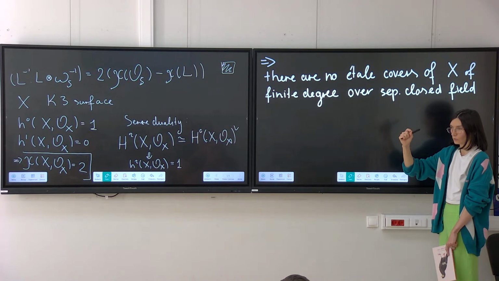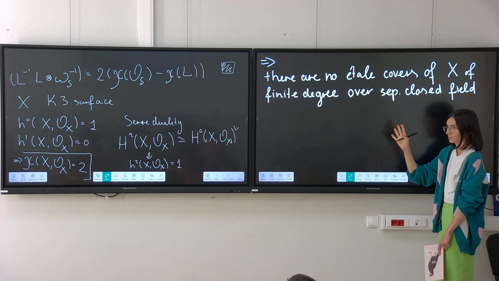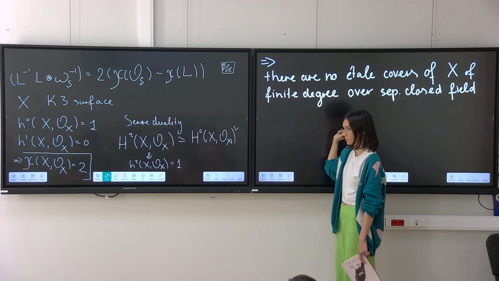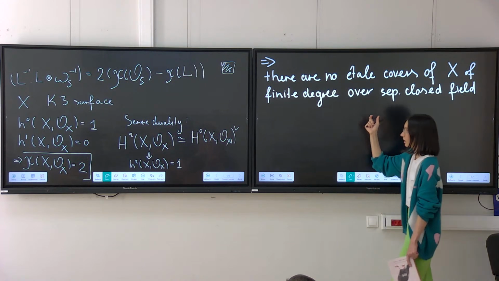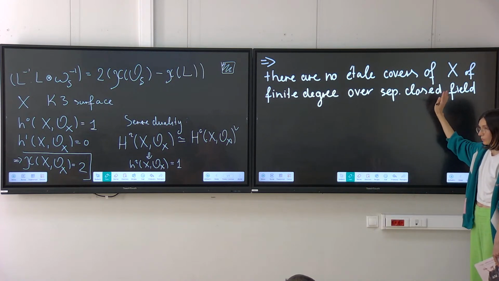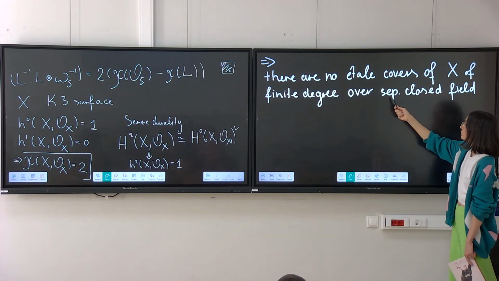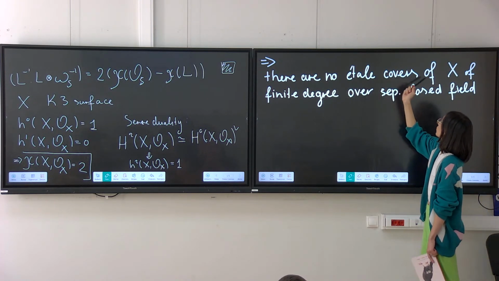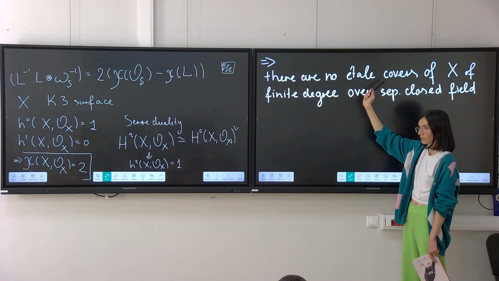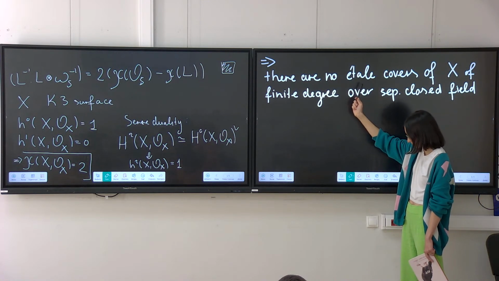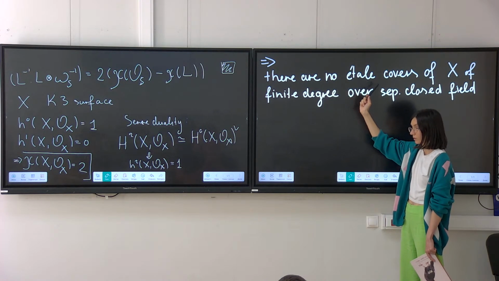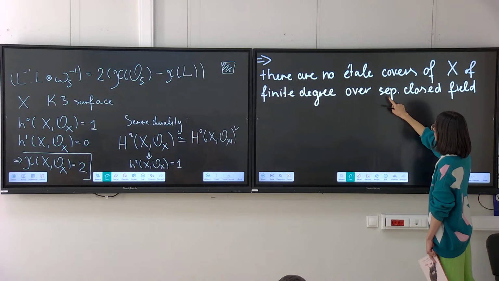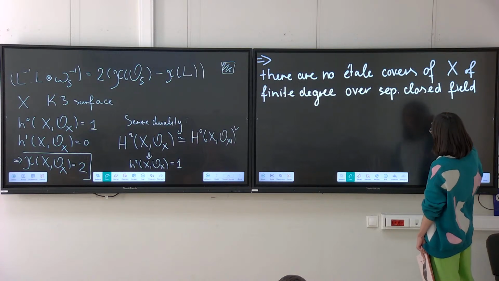I'm not going to discuss this in detail, but if someone is interested in finite characteristic, this is just a comment. So over a non-separably closed field, we always have a non-trivial étale cover of finite degree. So we need to ask the ground field to be separably closed.